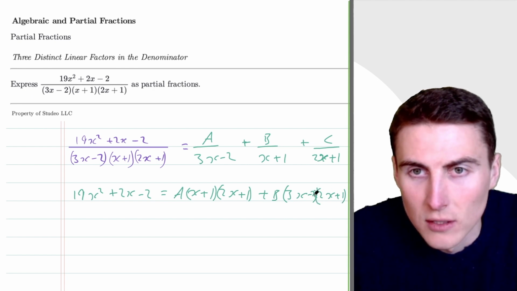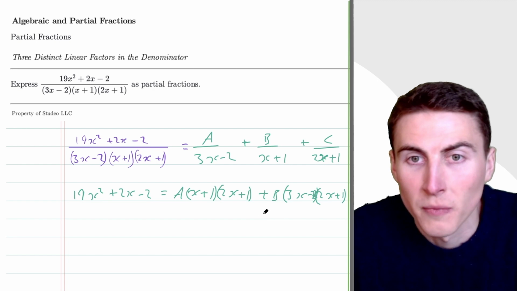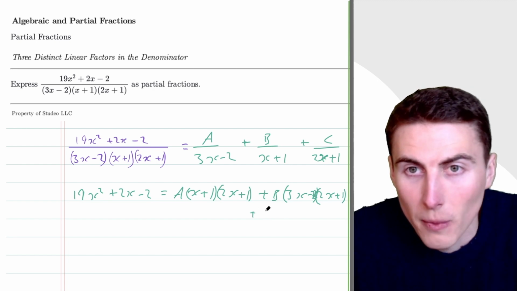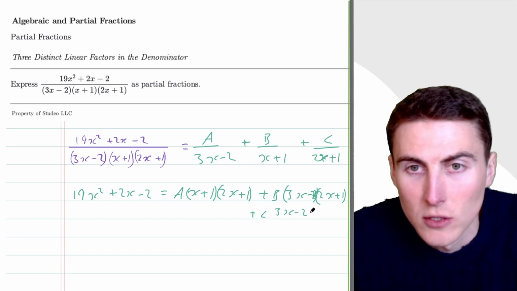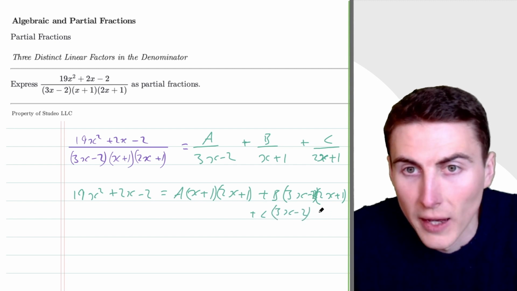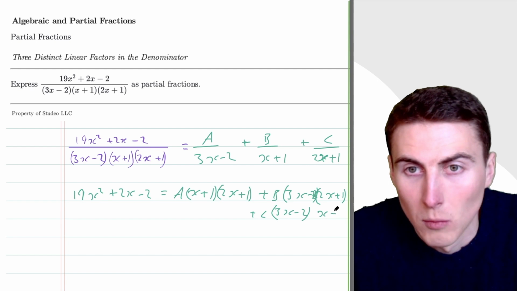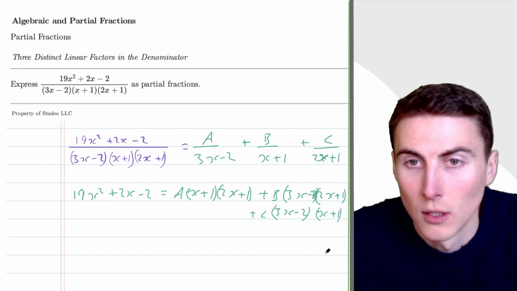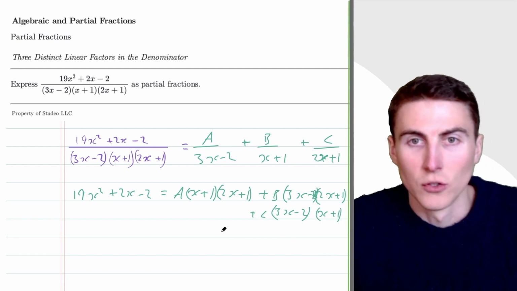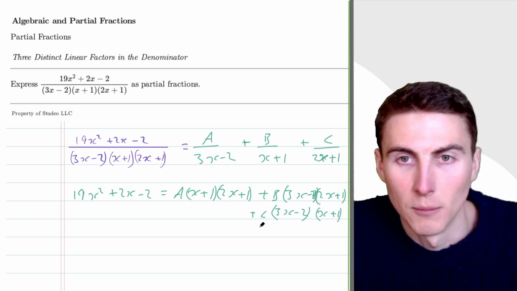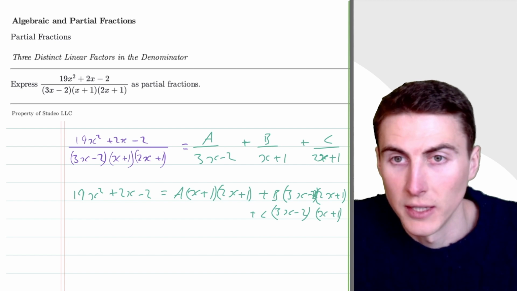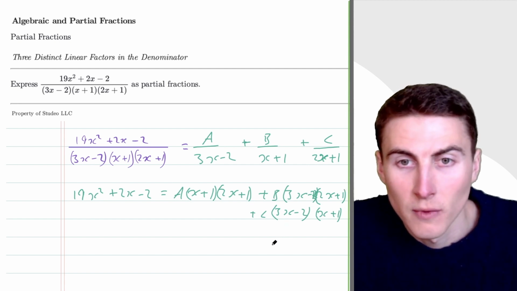Hopefully you can still read that, not the neatest thing. And then we'll also have, for c, it won't have this one, but it'll have the 3x minus 2 and the x plus 1. Okay, so it would have been easier if that was all on one line, but that's not a problem. Just pretend that this bit here is just to the right of this.